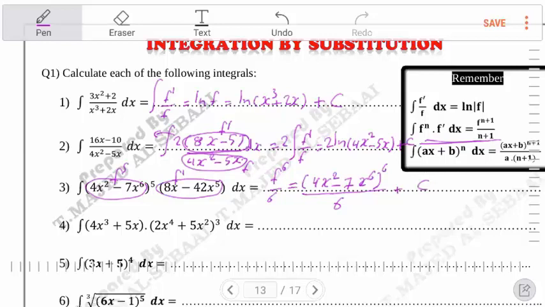Okay, see this. This is function to the power of 3. Is this f dash? What is f dash of this? It is 8x3 plus 10x, right? You can see this is 4 and this is 5, so it needs to be multiplied by 2.